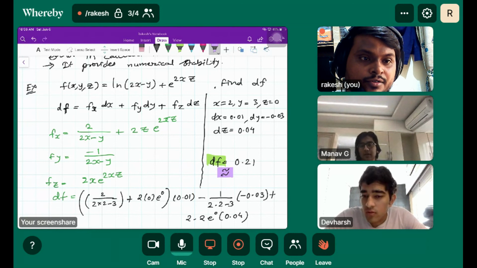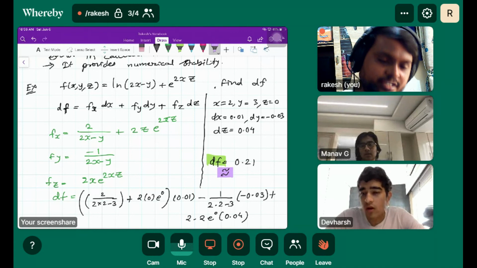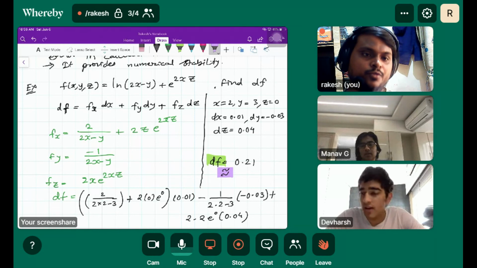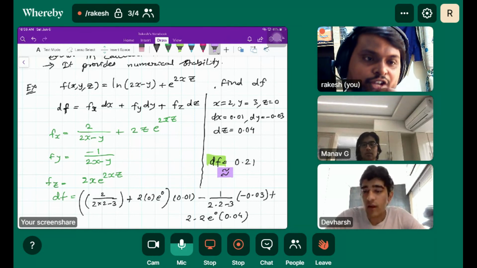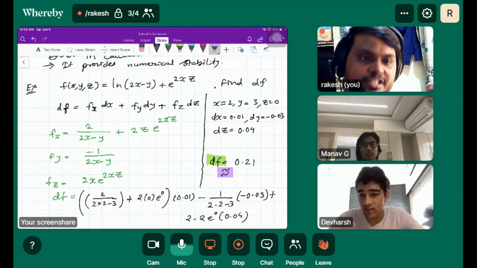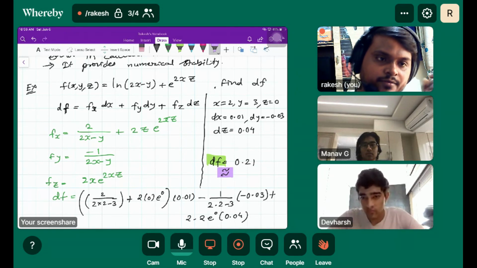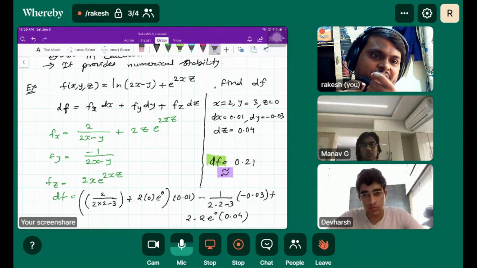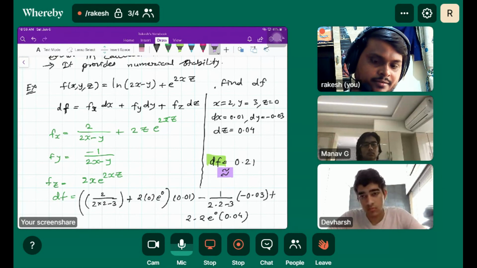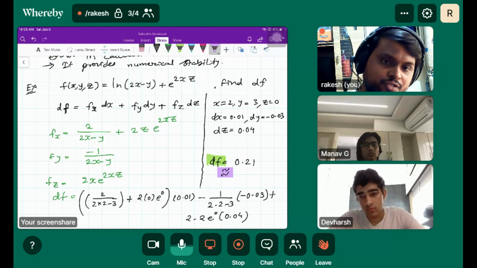But it's more or less the same as Euler, because there also we find the change in the function. The method was that we take a slight increment and keep going to approach a certain point. The same thing we are applying here, but there's a direct way, and this is a multivariable function, so we have to think in that way.